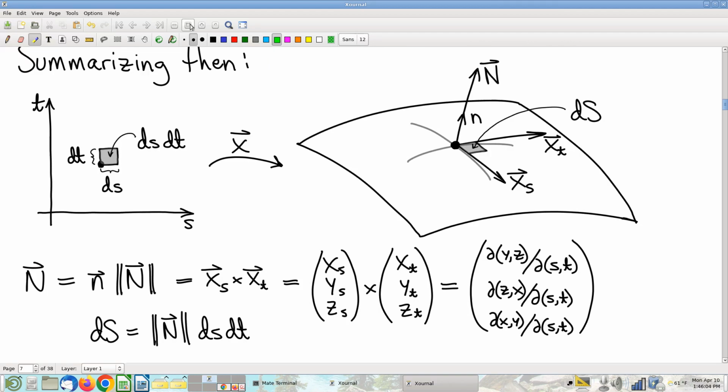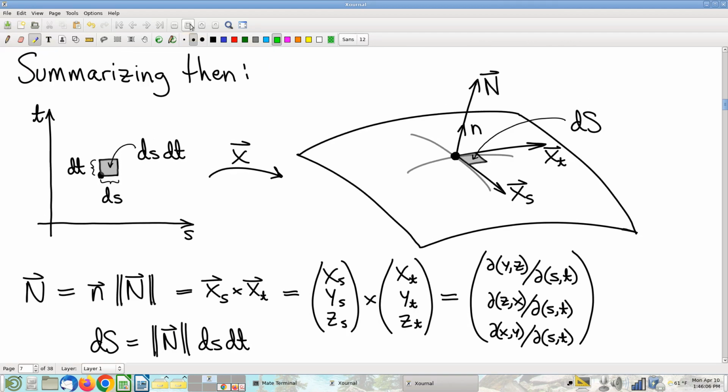And this next little bit here is really just a summary of stuff we've already talked about. But I guess that's a nice way to start the class. So remember, we have a parameterized surface. Remember that means that position is a function of the two input parameters s and t. So that defines for us this surface here.